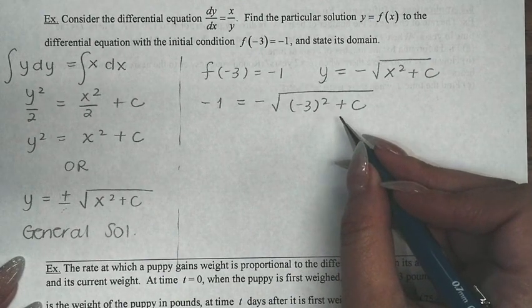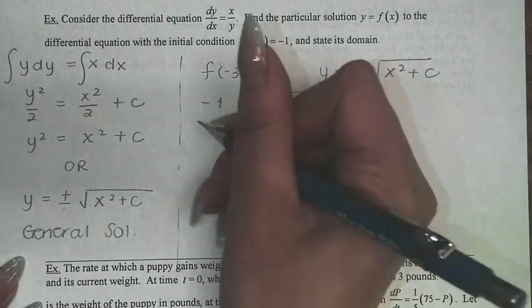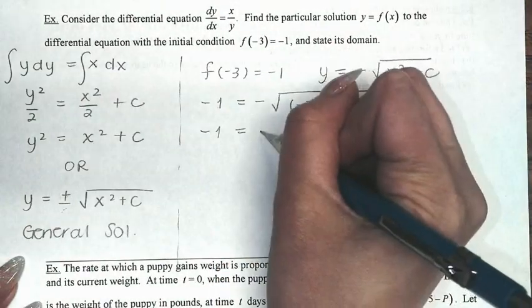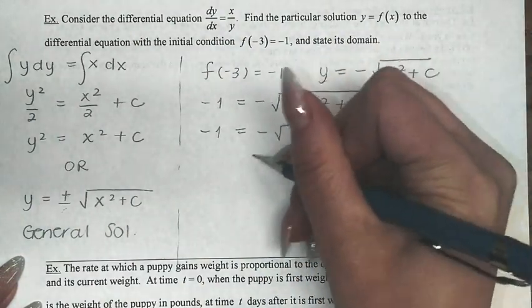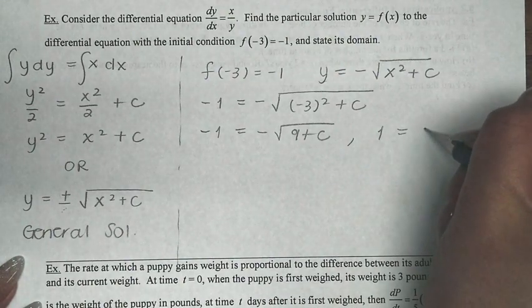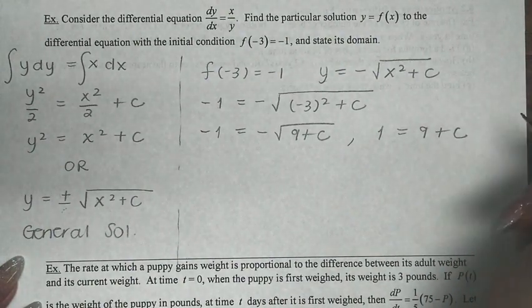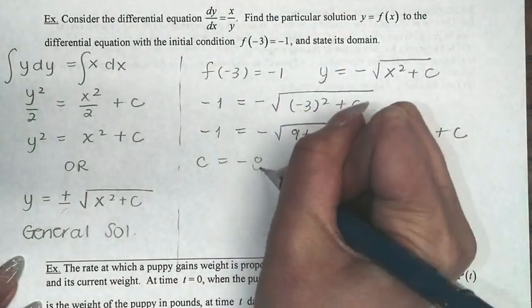So with that in mind, what do you have? Well, I would have that -1 is equal to negative the square root of 9 plus c. Obviously, I'm going to square both sides, having 1 is going to be equal to 9 plus c. So your c for this equation is going to be -8.